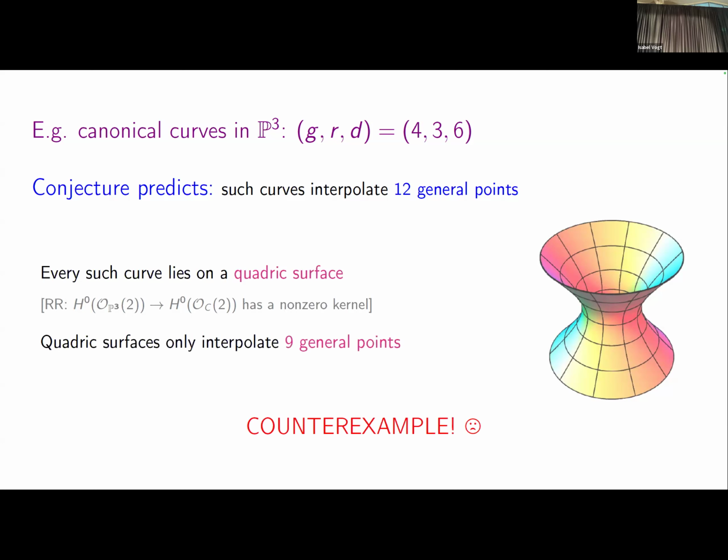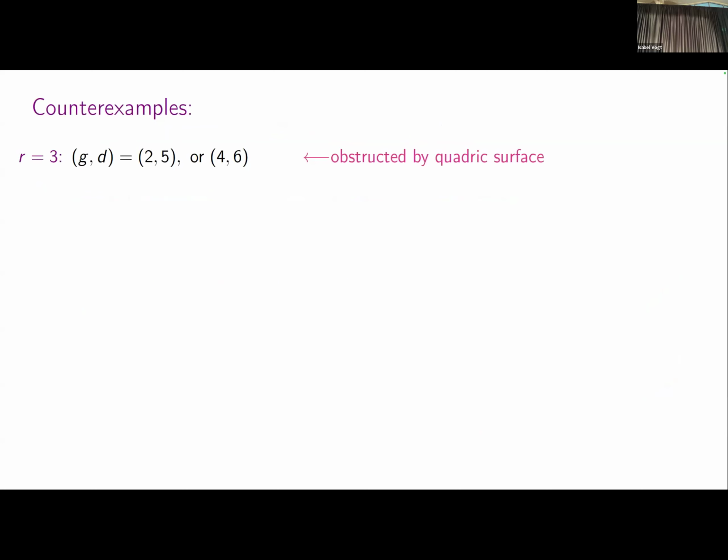Maybe the first class of curves that you all shouted out to me that I should consider already gave a counterexample to this very natural conjecture. And moreover, if you search around, you will see that this idea gives you some other counterexamples too. So here's the invariants. In three-dimensional space, in P^3, there's the canonical curve example, genus 4 degree 6. For a very similar reason, genus 2 degree 5 is also a counterexample.